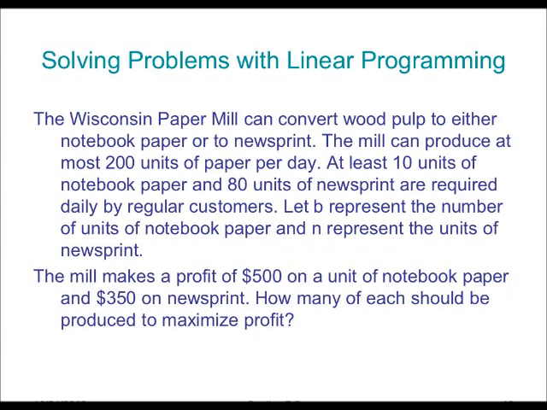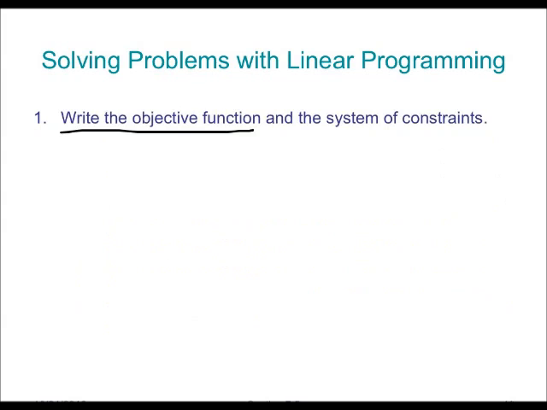That's a rate. Whenever you have profit functions, these are always going to be rates, and they always have to get multiplied times the variable. The notebook paper, we called that B. So my profit function, I'm going to call it P for profit, is 500 times B.